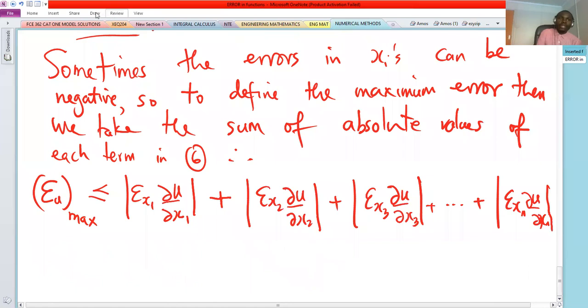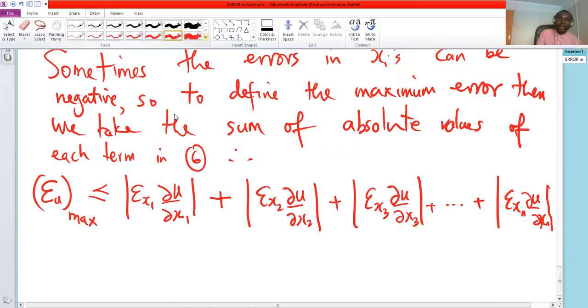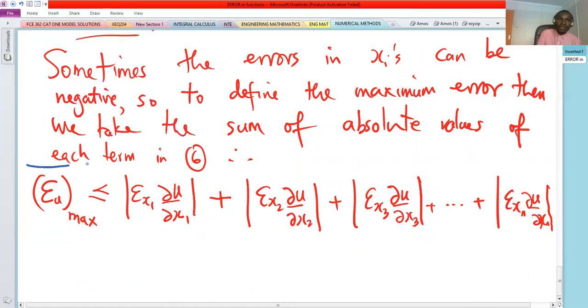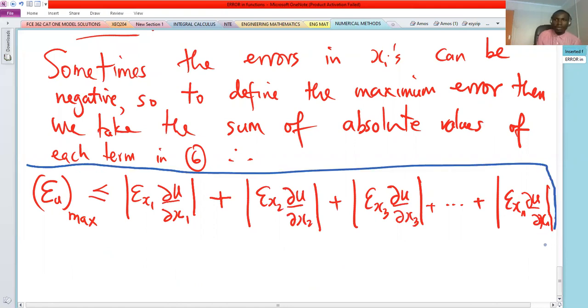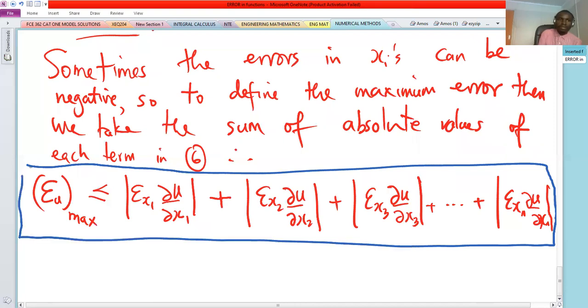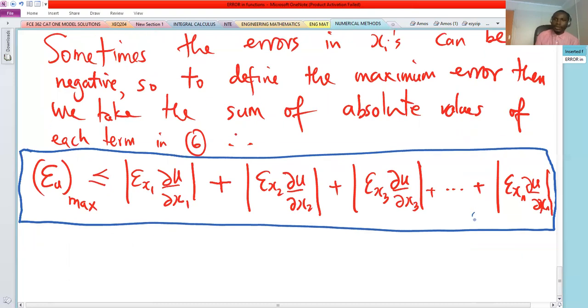So generally, this is how you need to define the error in the function whenever, after carrying out the partial derivatives, some of the terms are negative. You ignore the negative signs and just get the values. So call this one 7.